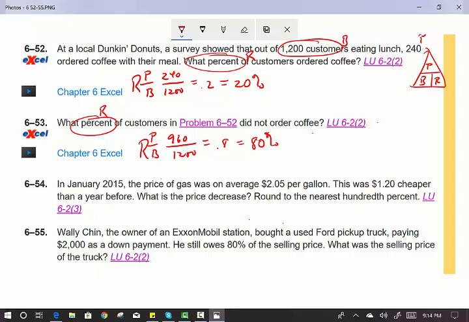So in 2014, okay, let's see. You write that down. In 2015, the price of gas was $2.05, and that was $1.20 cheaper. So it's $3.25. So in 2014, the price is $3.25.